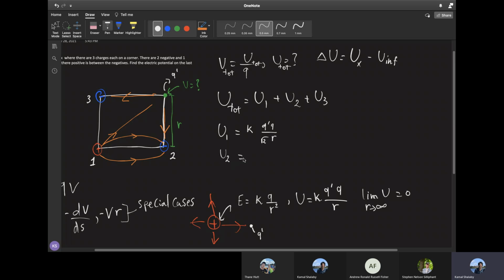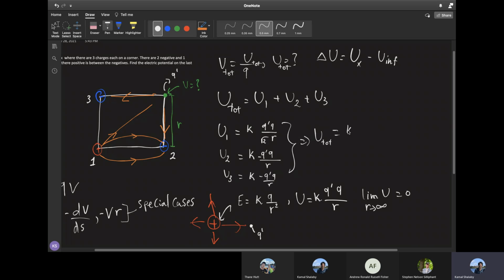Then what is U2? U2 would be k times q prime times q over r. It's negative q though, because this is negative. Right. Same thing for U3: k times negative q prime q over r. Okay, so with these, the U total is equal to... well, let me rewrite the whole thing.